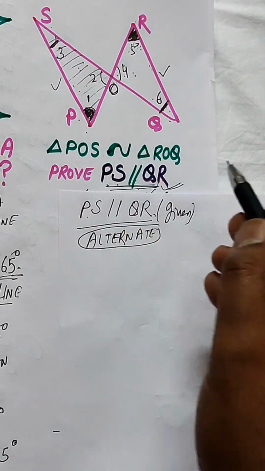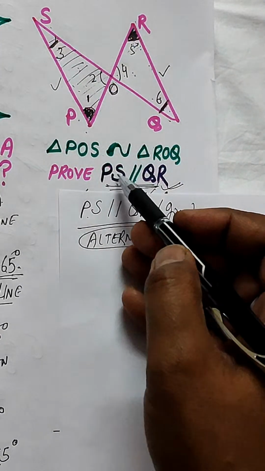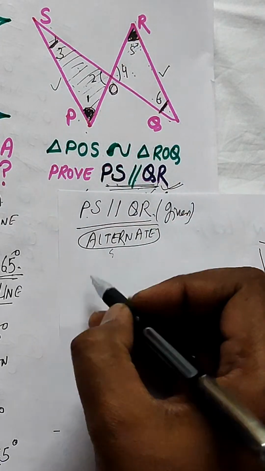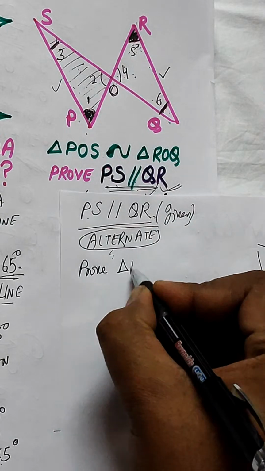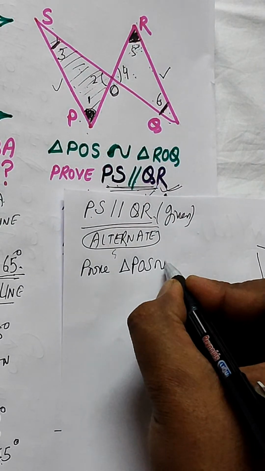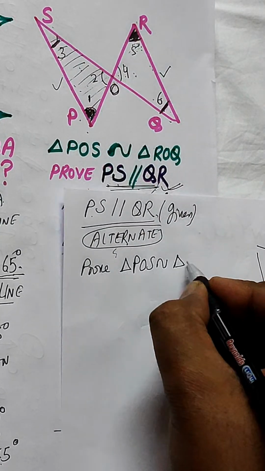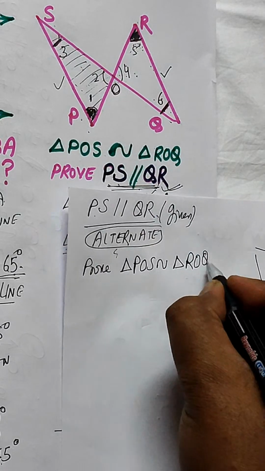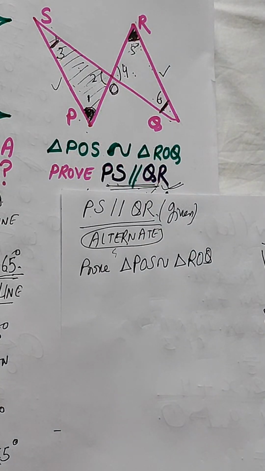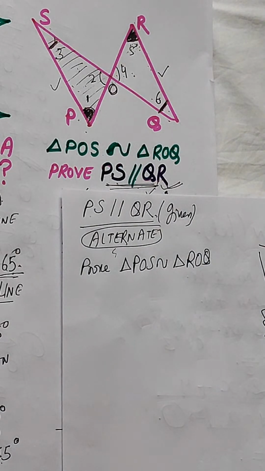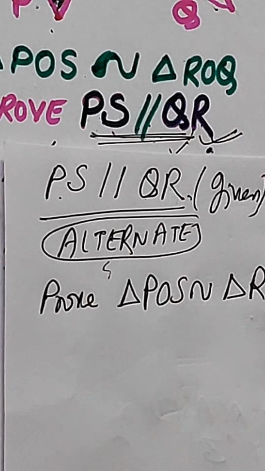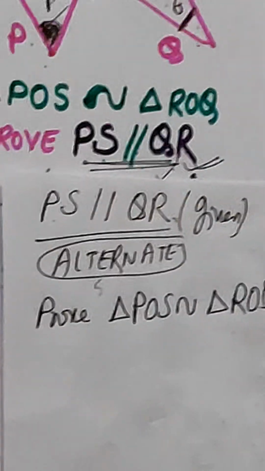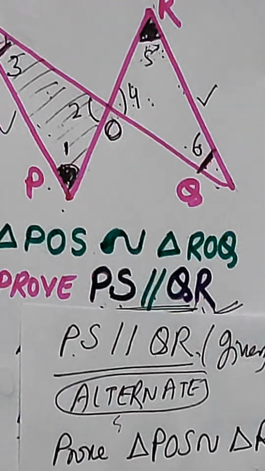If PS is parallel to QR, then we need to prove triangle POS is similar to triangle ROQ, right? This we need to prove.